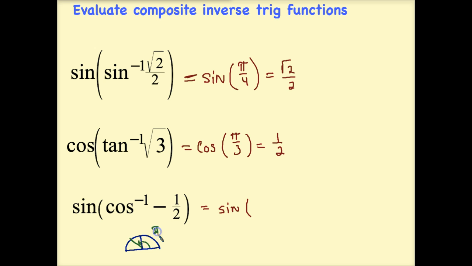So, if this is pi over 3, then this right here has to be 2 pi over 3, or 120 degrees. So we need to find the sine of 2 pi over 3. Well, in quadrant 2, the sine is positive, and we know that the sine of 2 pi over 3 is going to be root 3 over 2. So remember, with these, work from the inside out.